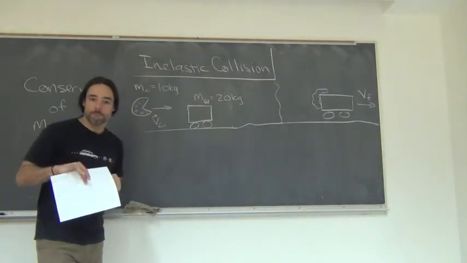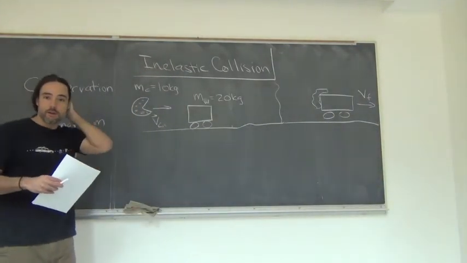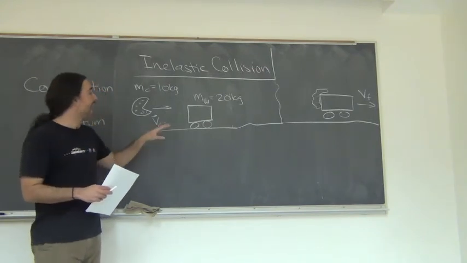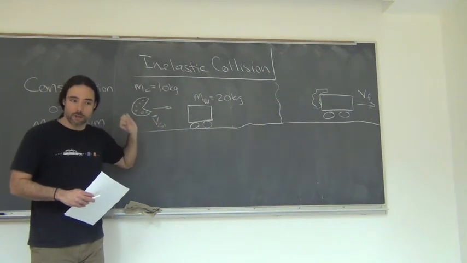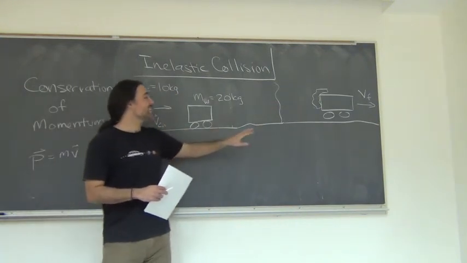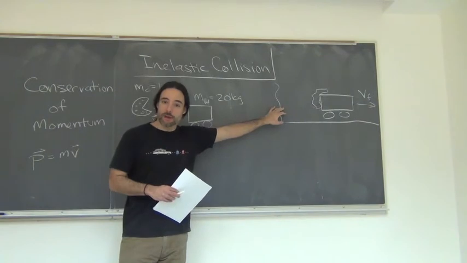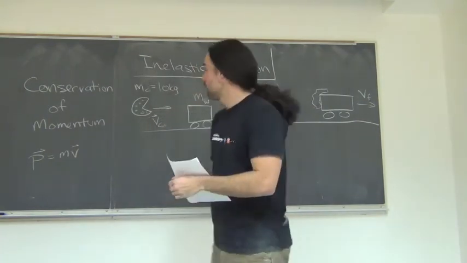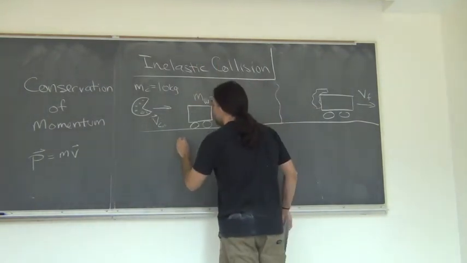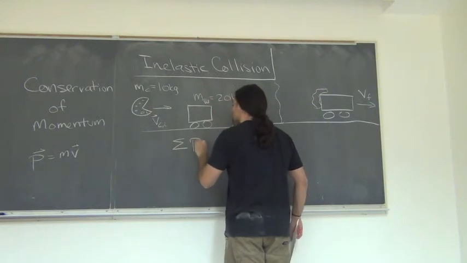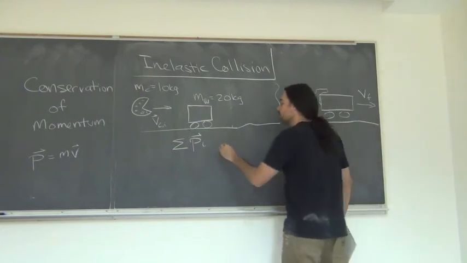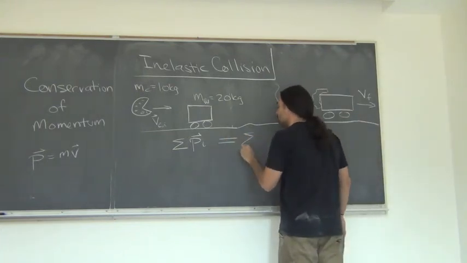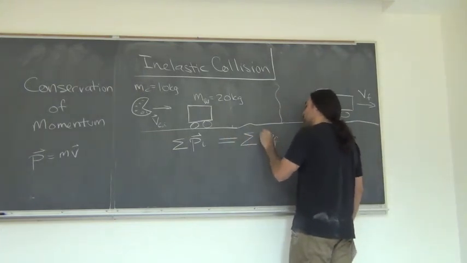Now, my claim is that momentum is conserved, so that if I add up all of the momentum in the initial picture, you've got to get the same momentum in the final picture.